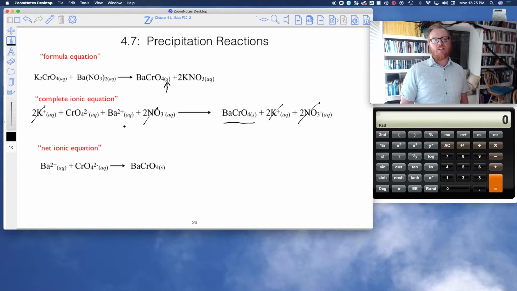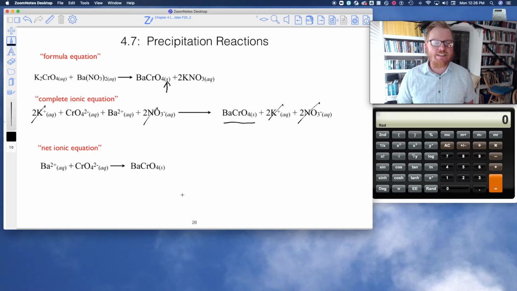But I can't cancel the barium ion and the chromate ion because chromate aqueous is not the same as chromate solid. And now look what happens. What remains when I do this process is the net ionic equation. Look, all the spectator ions are gone.